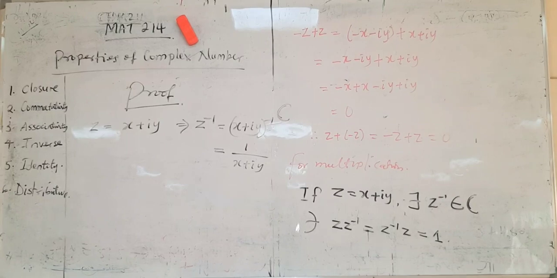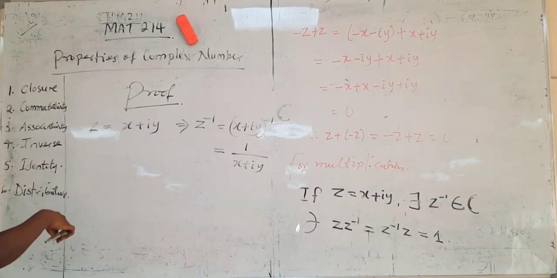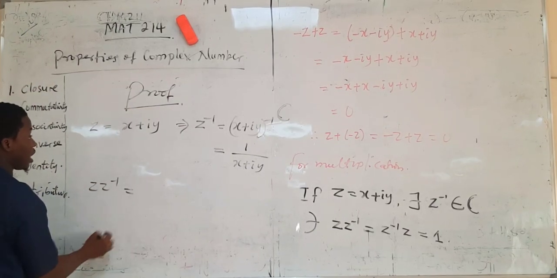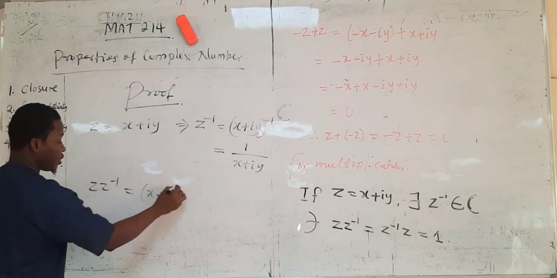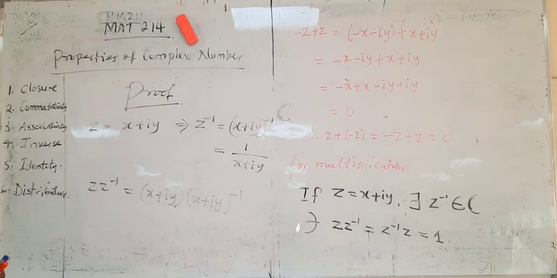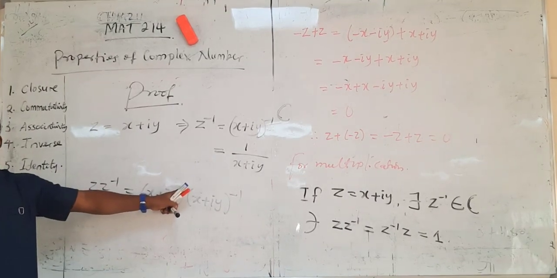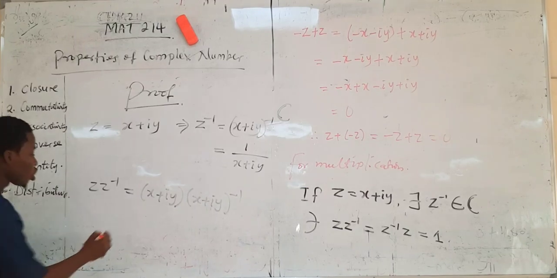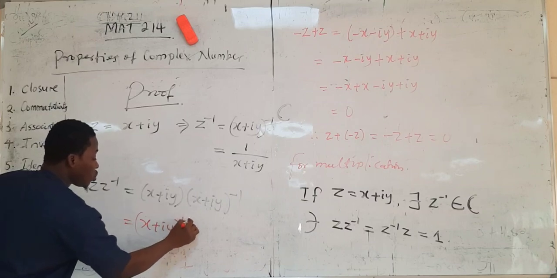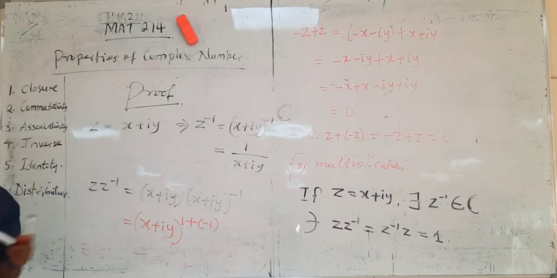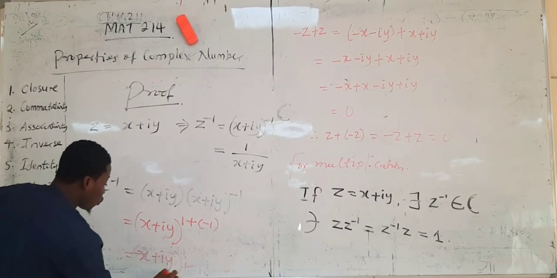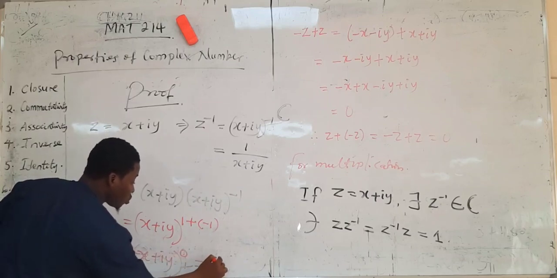In the other way around, we can say that z inverse is the same thing as x plus iy times x plus iy raised to the power of minus 1. Now, this power is 1. So we have x plus iy raised to the power of 1 plus minus 1, which is x plus iy raised to the power of 0, which is equal to 1.